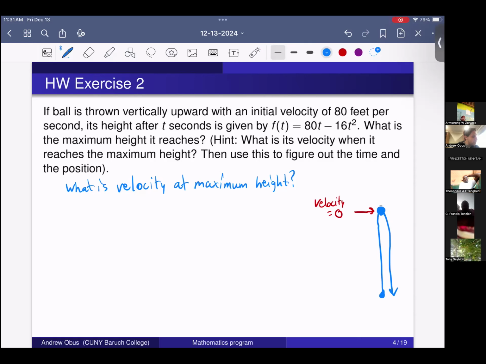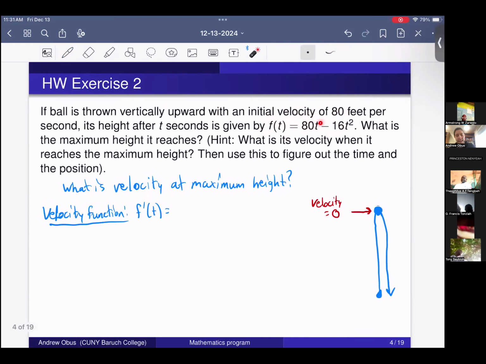So let's do the velocity function. f of t here is the position function. The velocity function we know is given by the derivative of the position function. So the velocity function is f prime of t.